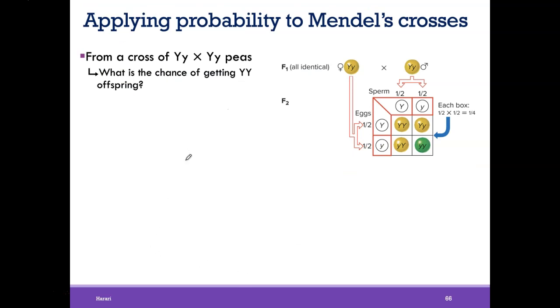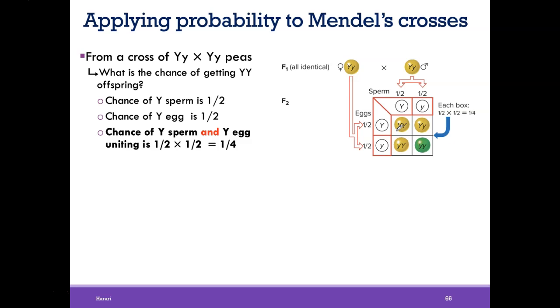Again, from a cross of big Y, little y, big Y, little y, what is the chance of getting big Y offspring? Well, the chance of each box represents 1/4 because you're multiplying 1/2 times 1/2. There's a 50% chance of a big Y sperm, and a 50% chance of a big Y egg. 50% times 50% equals 25% chance of getting a big Y. So that's, again, explaining the product rule.